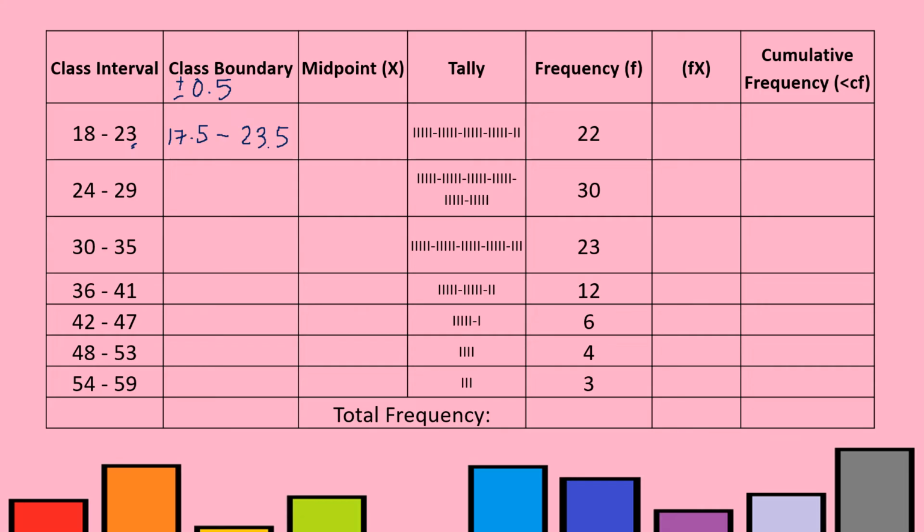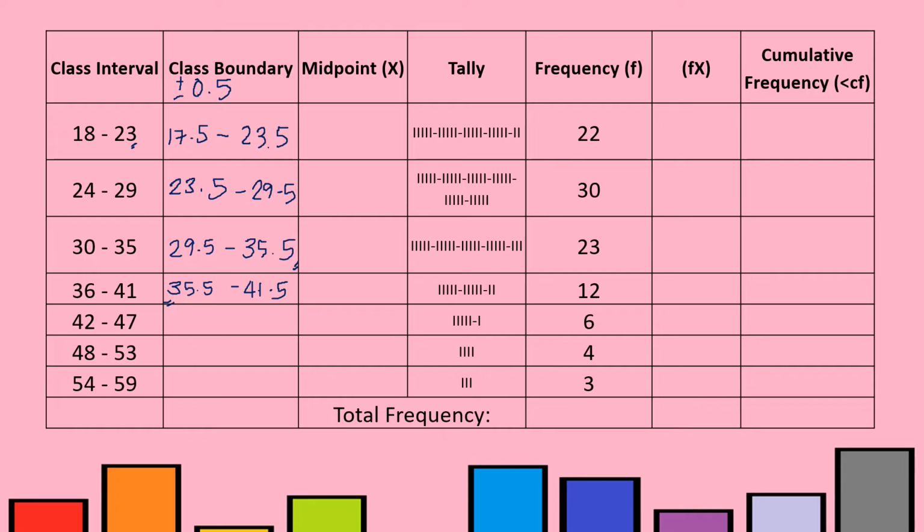Same procedure with the second row. So this is 23.5 to 29.5. Then 29.5 to 35.5. Then 35.5 to 41.5. You can see the previous upper boundary is the next lower boundary, right?